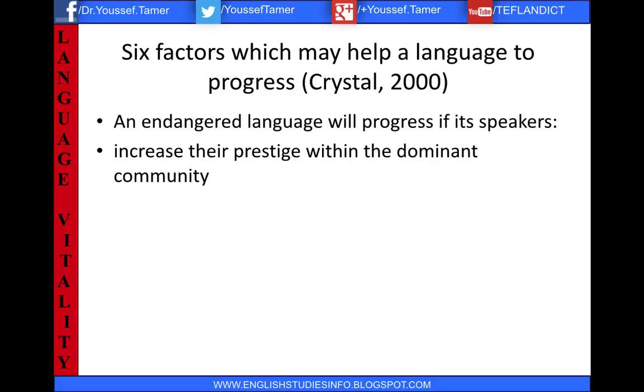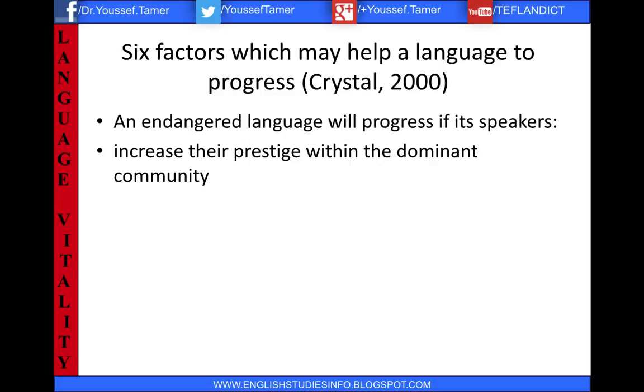An example of this is Amazigh again. The people who speak Amazigh have increased its prestige using it in terms of oral literature, oral communication, business, and so on and so forth.